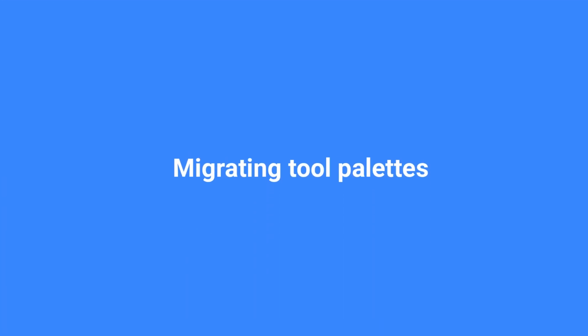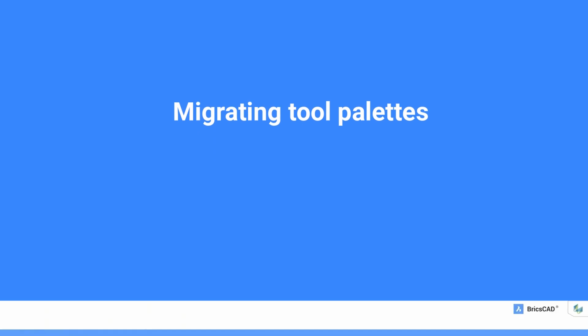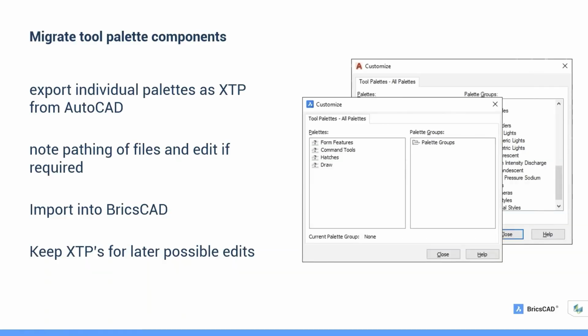Another thing that we're very used to having in our environment, our AutoCAD environments typically, is tool palettes, because this is a very excellent way to deploy blocks. Users simply drag and drop from it. They don't need to know all the mechanics of what's going on. It's just easy to use.